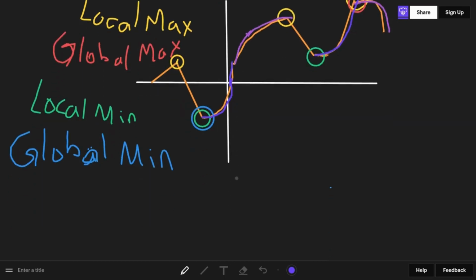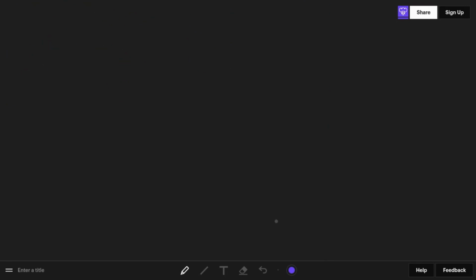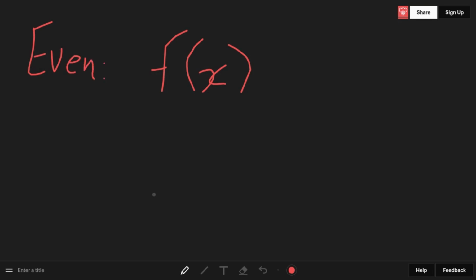Another concept discussed in Chapter 2 was even or odd functions. A function f of x is even if, when I input negative x, I still get f of x.